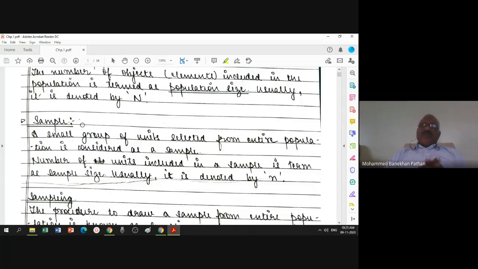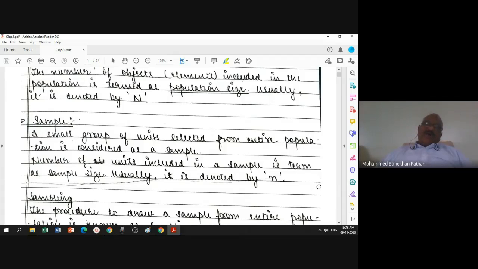Another example of why we go for a sample study is the situation of festivals. Now after 1 week, there will be the Diwali festival in our country. And in that festival, firing crackers is one of the vital parts. So if I want to study the quality of crackers produced by a certain factory, what will happen?